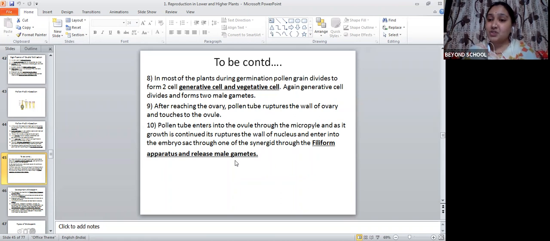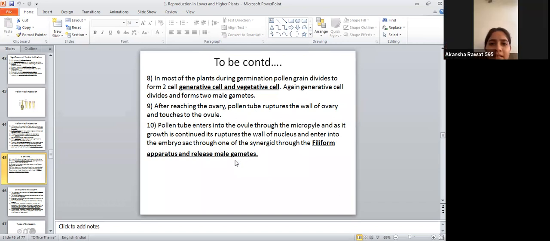First, it is going to rupture the nucellus, and from there it is going to enter the embryo sac, where one synergid is going to form the filiform apparatus, and it is going to release the male gametes.